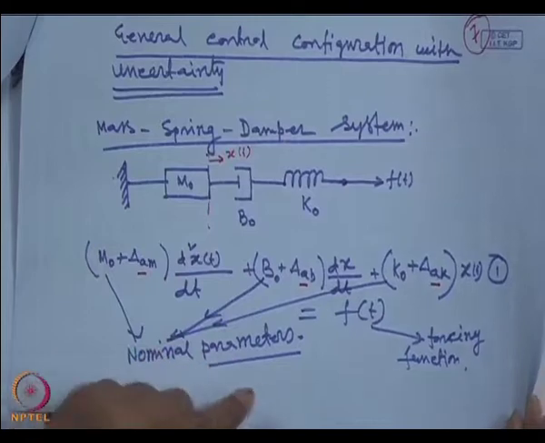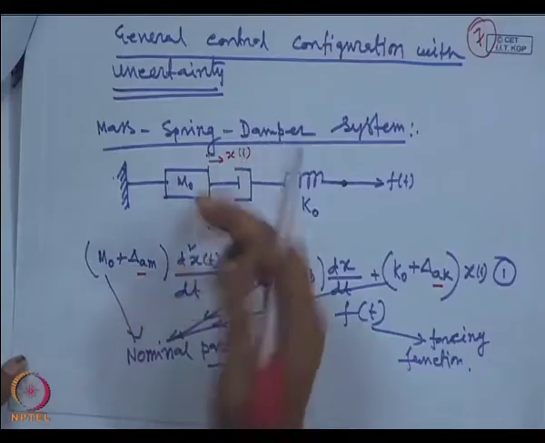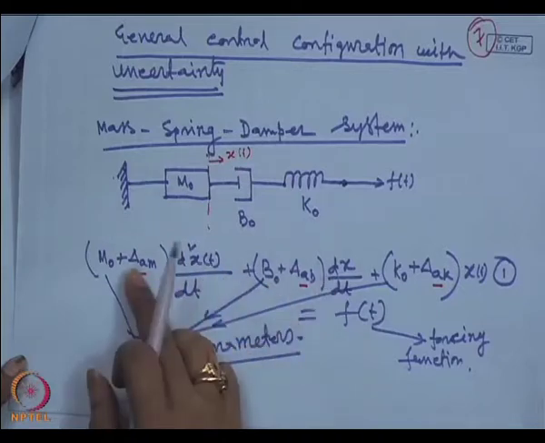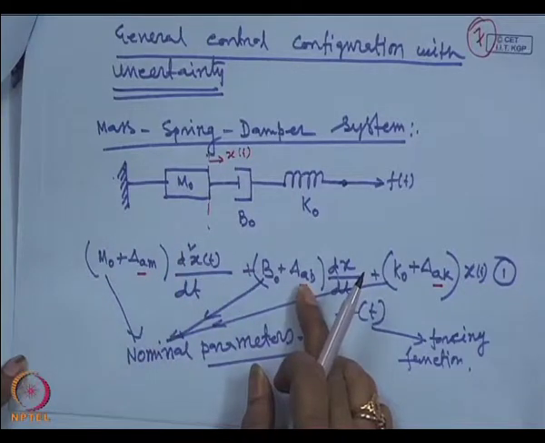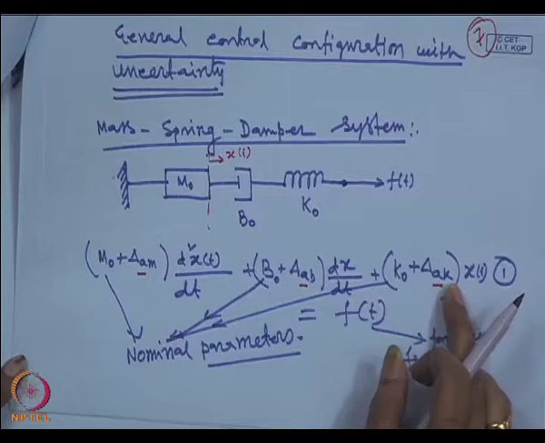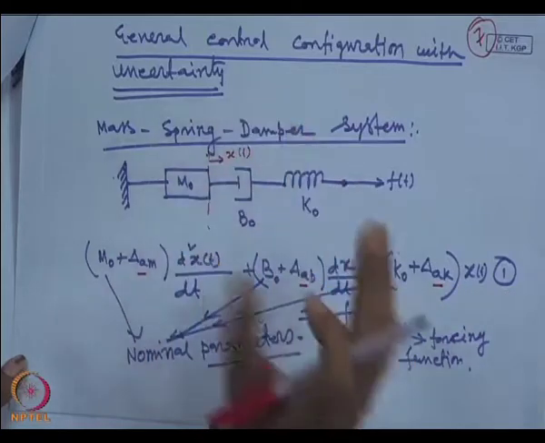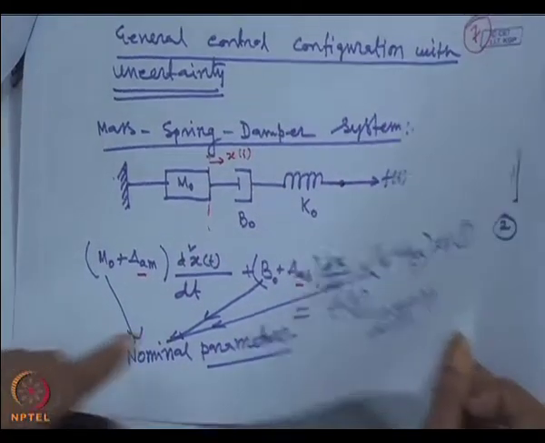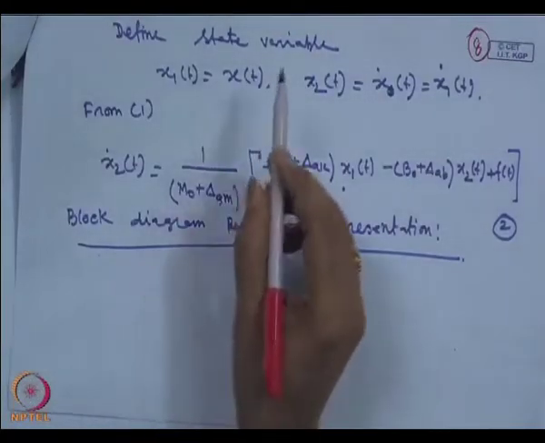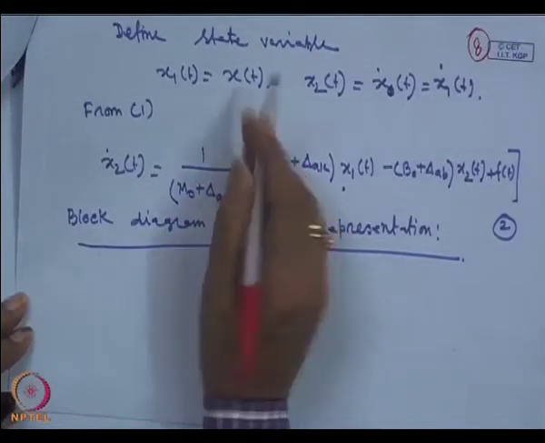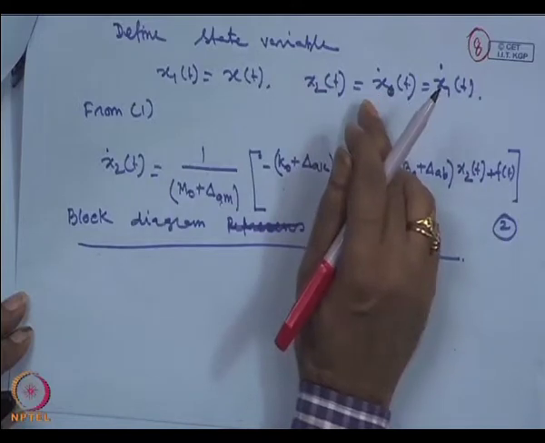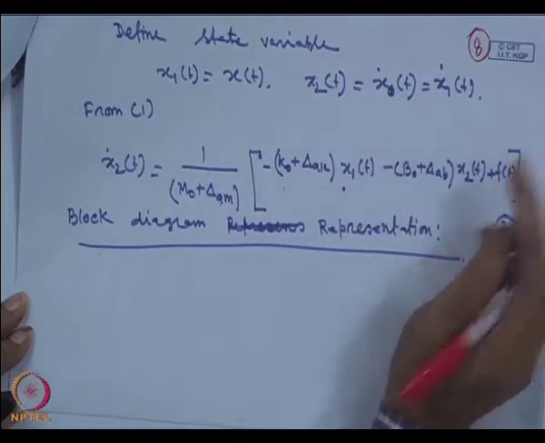Our main aim is to take out delta A m, delta A b, delta A k from the plant model and separate them from this model. So we define the state variables: x is the displacement, x dot is the velocity, x double dot is the acceleration.